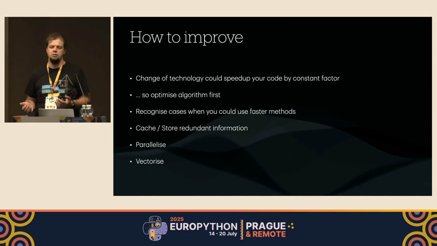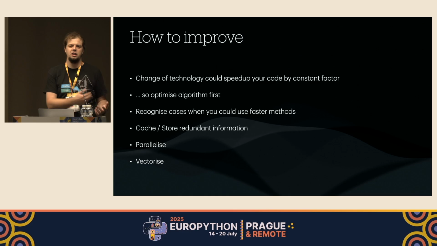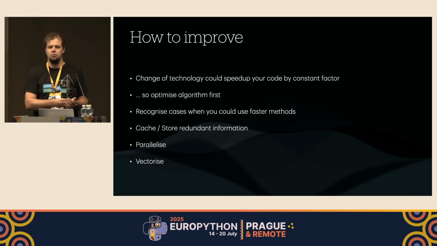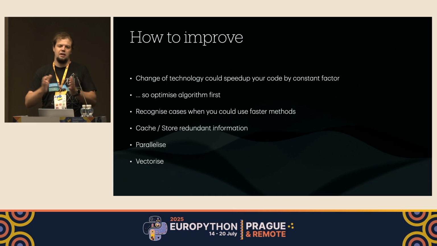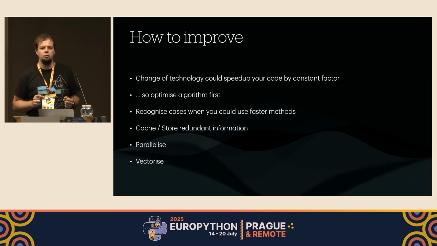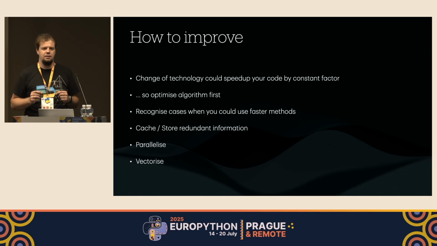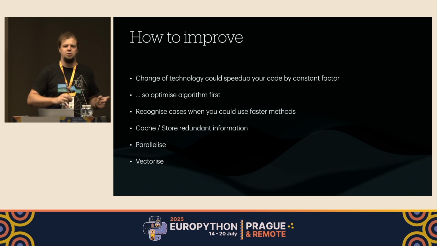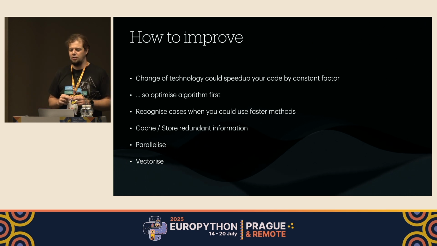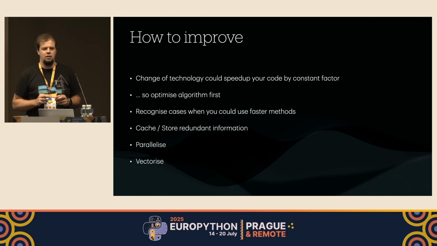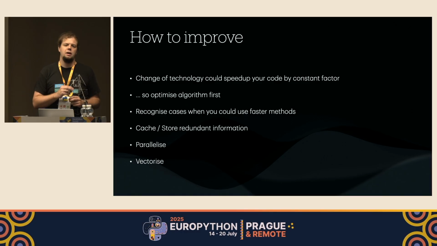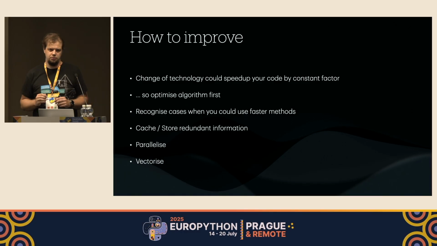But remember that in most situations, if you have a nonlinear algorithm and your data increases, and in our world it is normal that data increases, changing the technology without changing the algorithm might not solve your problem, and a better algorithm in Python might be faster than any other technology.